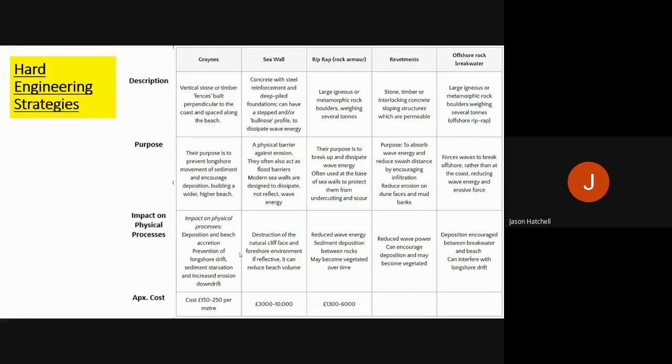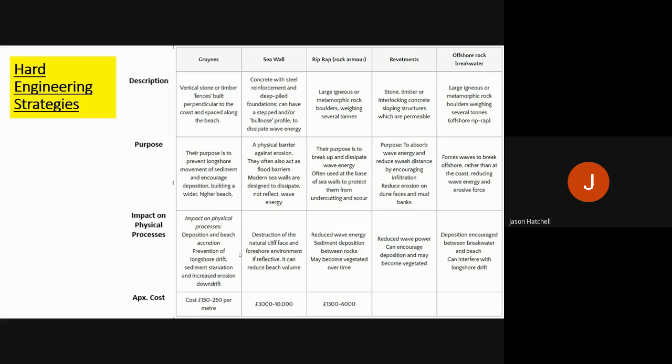What it does essentially is it destroys foreshore elements of the environment, such as dunes. It reduces beach volume as well. It reduces the amount of beach there actually is because it stops it from going further inland. Seawalls cost £3,000 to £10,000 per meter. So that is quite a lot of money compared to groins.